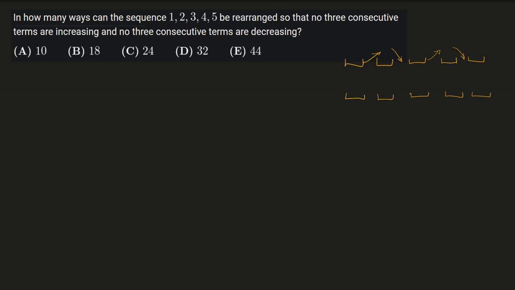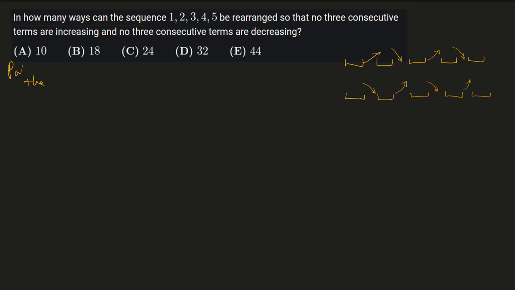Or when we decrease from the first to second, we have to increase and then decrease and then increase. Therefore, for all the legitimate arrangements of these 5 numbers, the increase or decrease signs have to alternate.